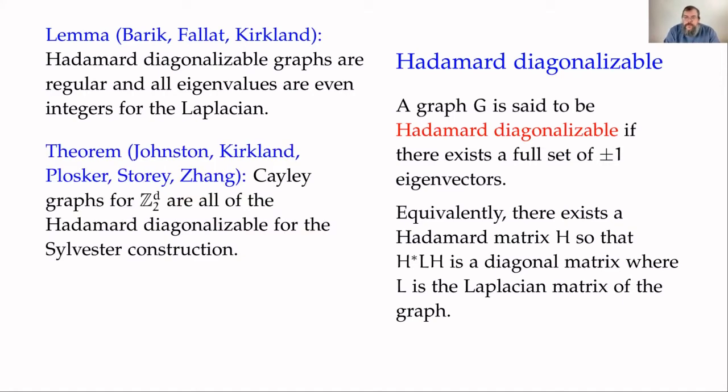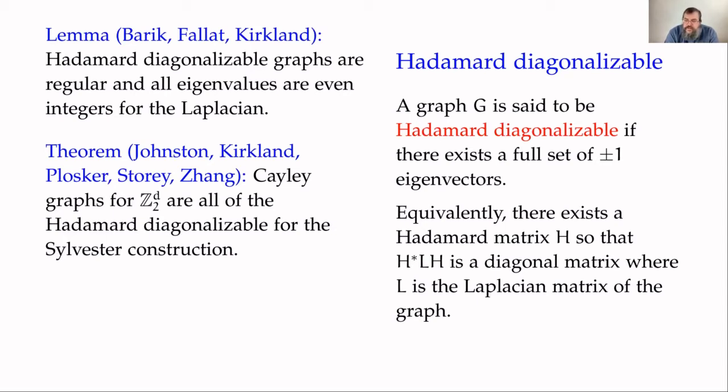Another work, Johnson, Kirkland, Plosker, Story, and Zhang, said, let's look at that Sylvester construction, a really nice construction where you can build up powers of 2. And it turns out that what you get are the Cayley graphs.